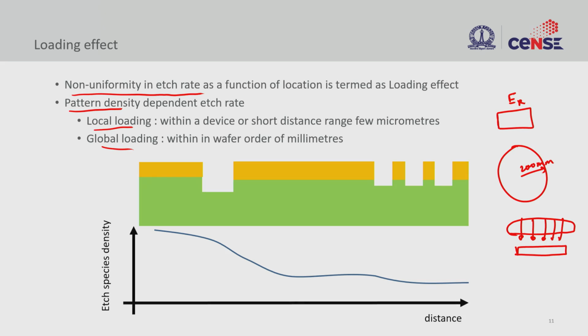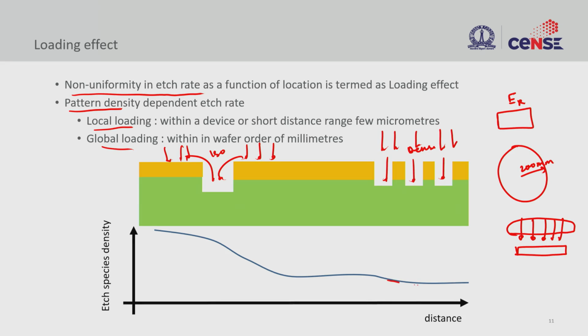So here a schematic is shown to show how the etch species density varies. If you have a dense part here, this is dense and this is isolated. In the isolated region, you have a large number of H species, because whatever radicals come in, all of them are available to migrate for the reaction. But in the dense case, you have open areas where these radicals could be consumed, right?